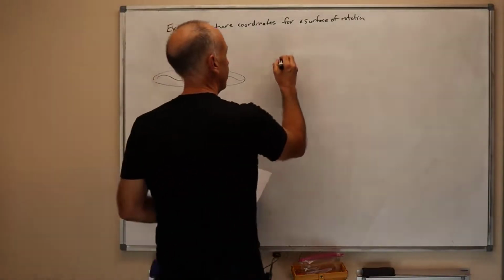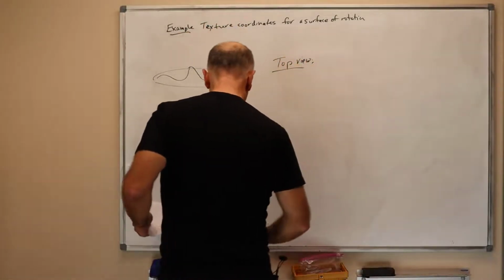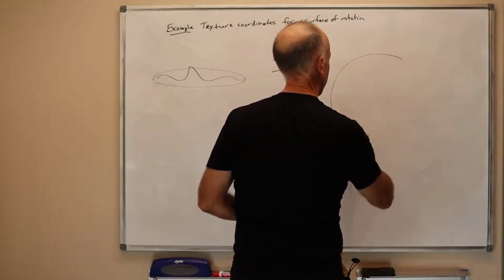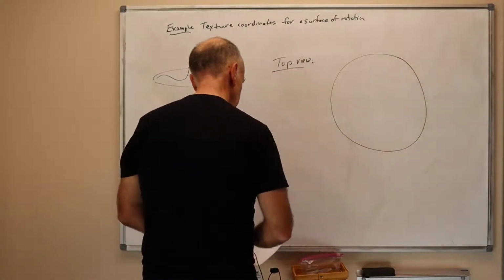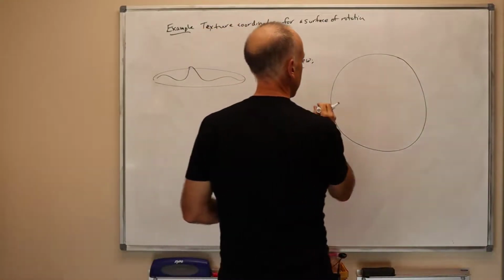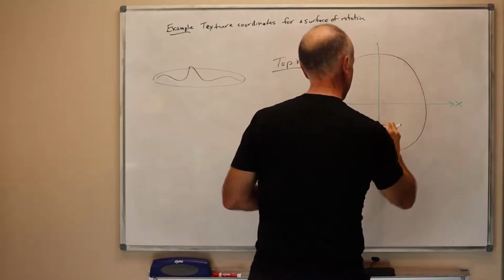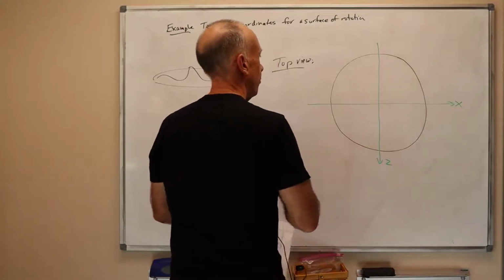I'm going to assign texture coordinates by looking at the top view only. And in the top view, looking straight down the y-axis, this thing looks just like a circle. So here's the x-axis, here's the z-axis, and we'll have points here.